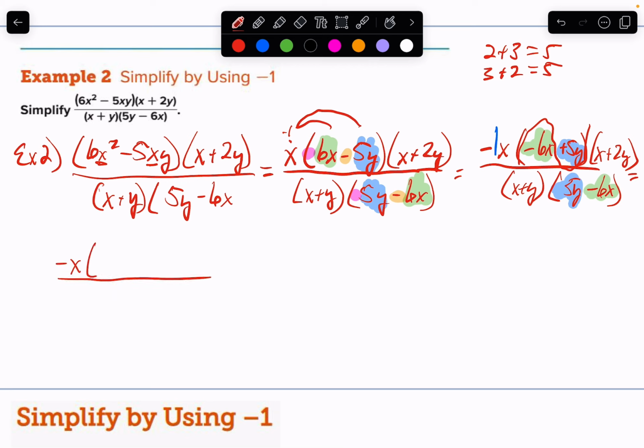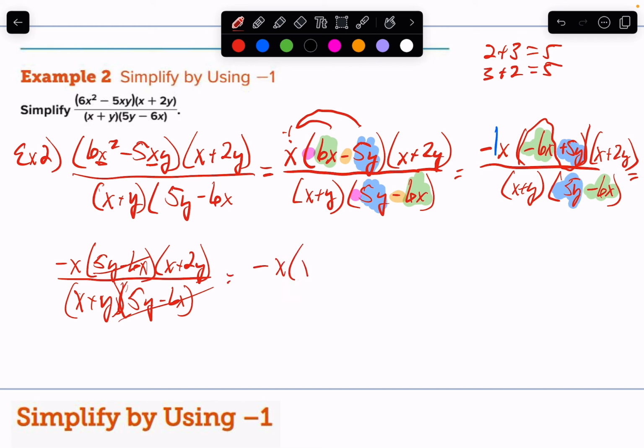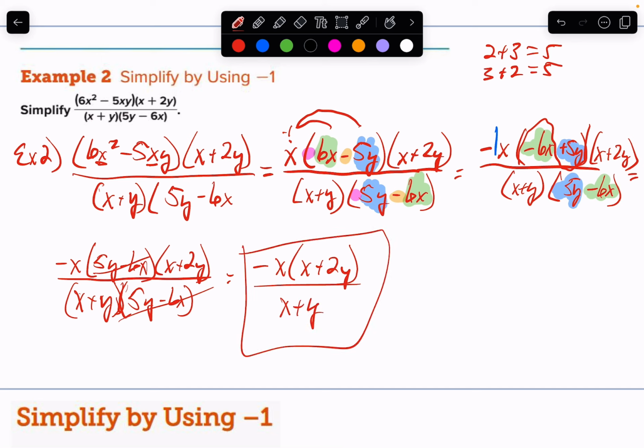So negative x times 5y minus 6x, times x plus 2y over x plus y times 5y minus 6x. And now I've got these matches. And so that is negative x times x plus 2y over x plus y. And I've gotten as simple as possible. Okay, that's how that one goes.